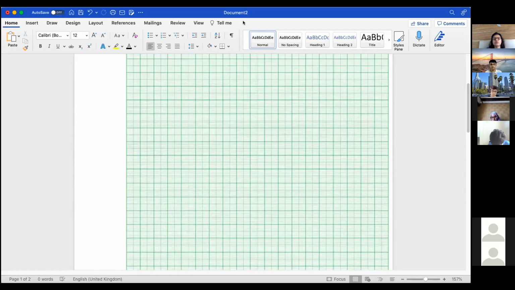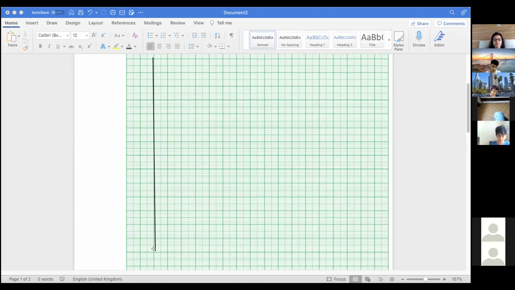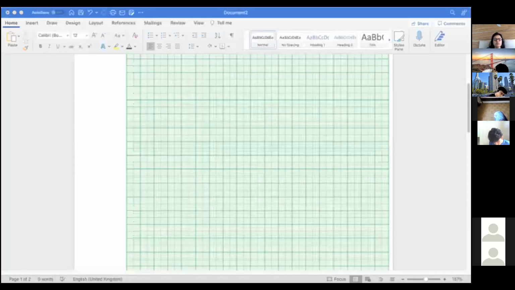First step, make two axes. Then name the two axes. Here we have number of students and marks.